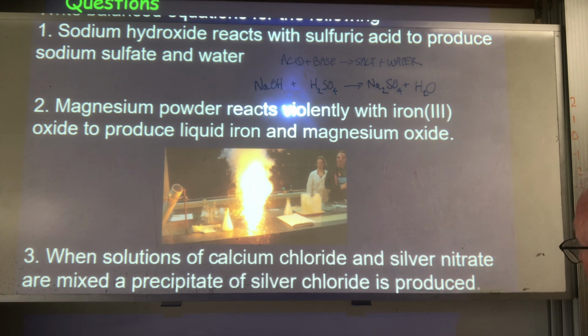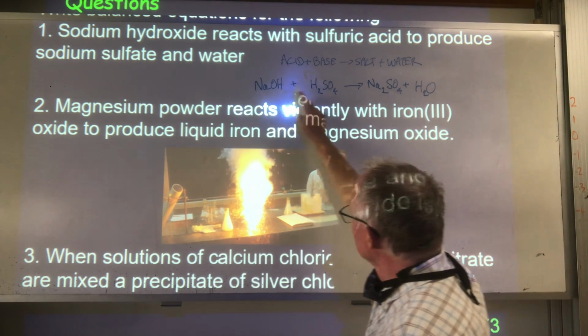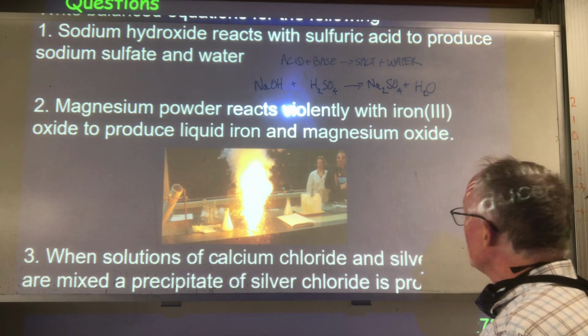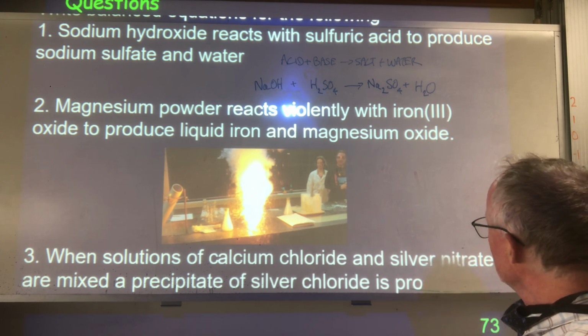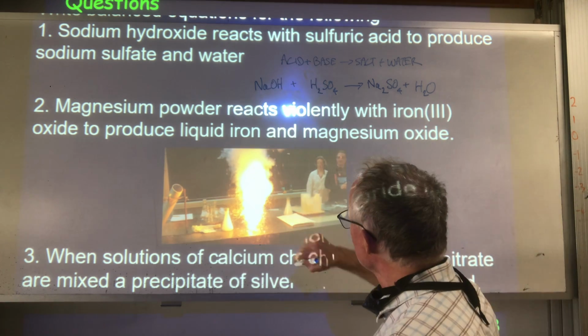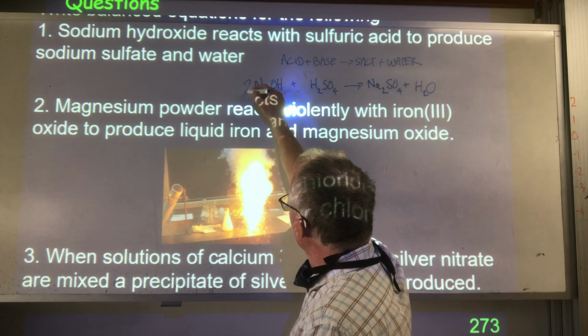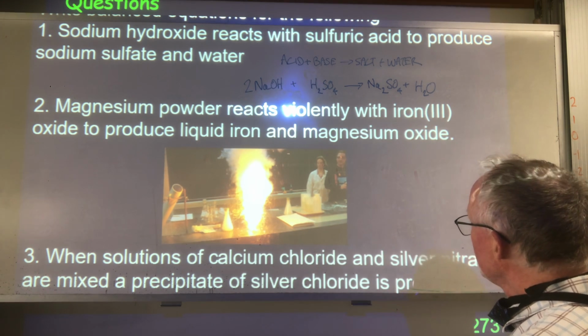Now, we can't change any of those formulas. If we're to balance that equation, we can only do so by changing the coefficients out the front of the chemicals. I look at the salt usually as my first port of call, and what do we see? We've got 2 sodiums, 1 sodium. Therefore, we'll need 2 sodium hydroxides.